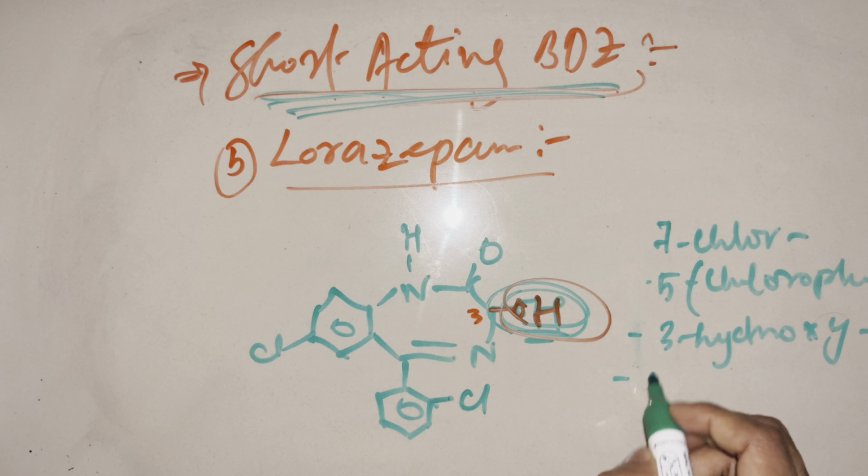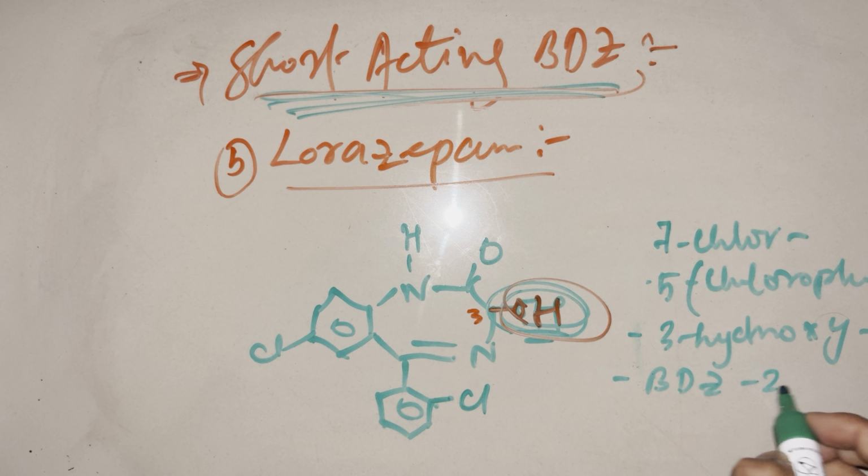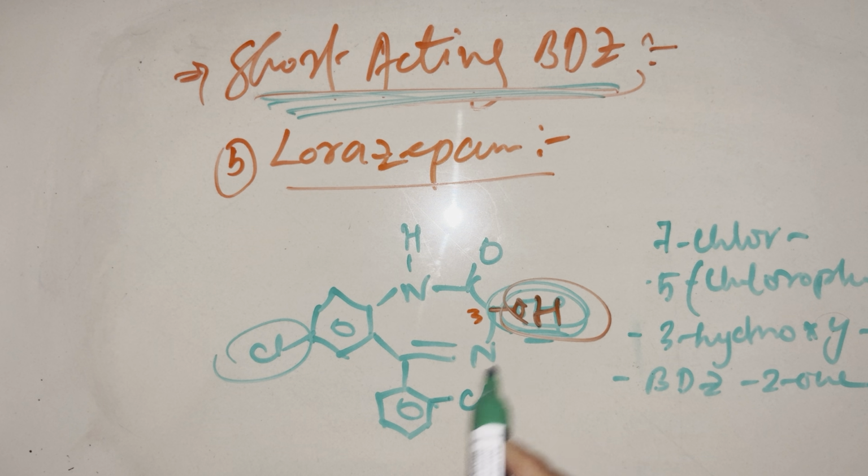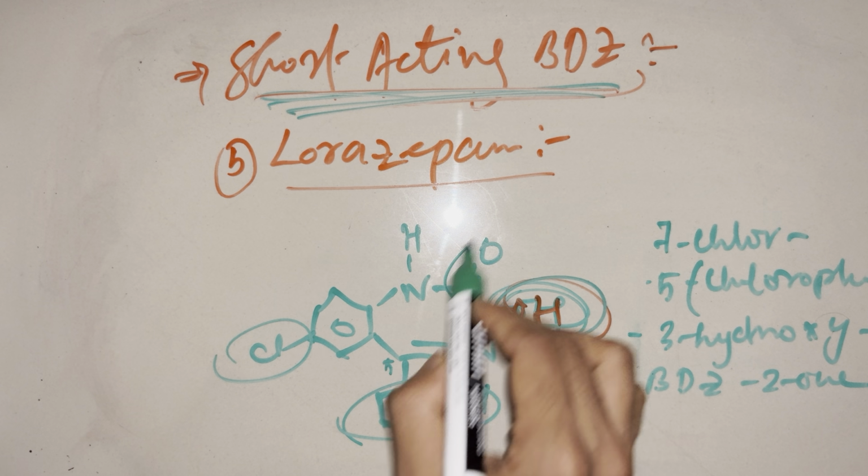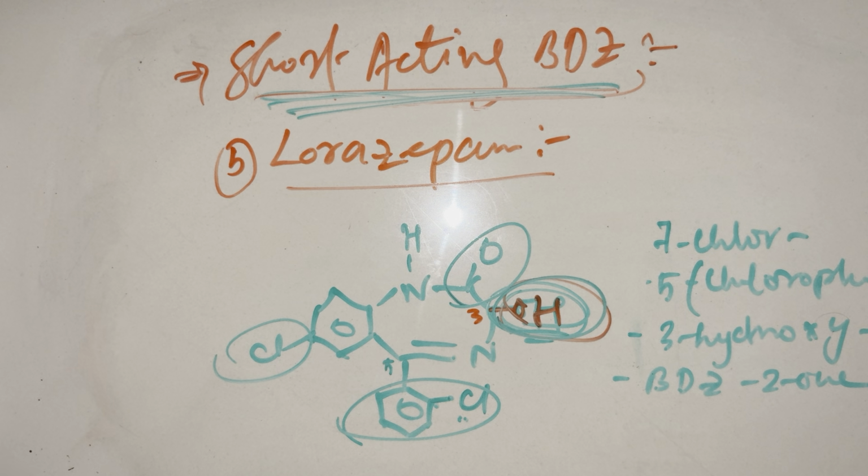Next, benzodiazepine 2-one. Yes or no? 7-chloro, 5-phenyl, or you can say 5-chlorophenyl, 3-hydroxy benzodiazepine 2-one. Am I clear? This is the structure of lorazepam.